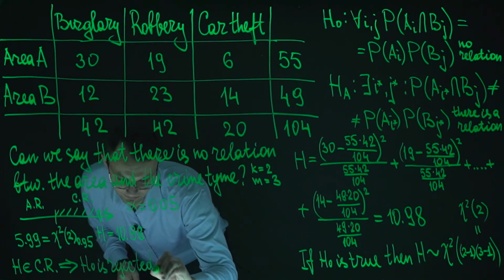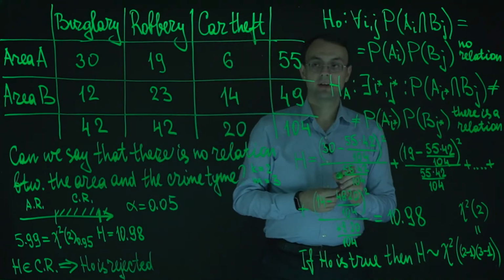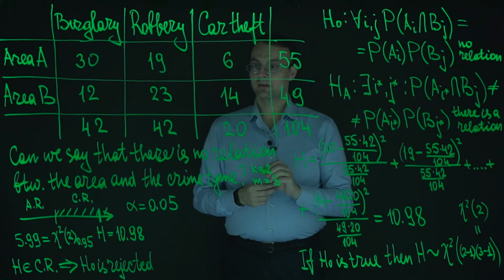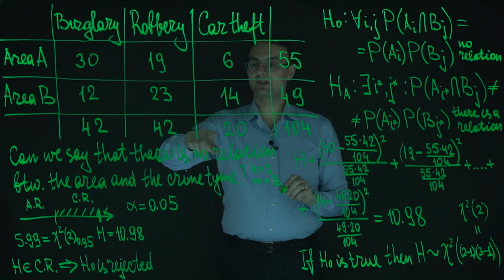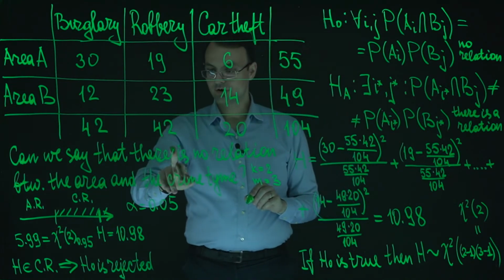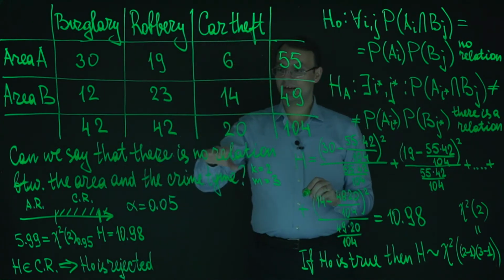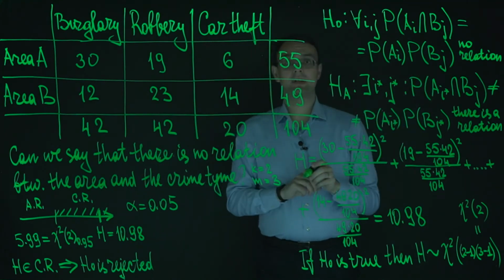So the answer to the question is no. They asked, can we say that there is no relation between the area and the crime type? This was the null hypothesis, that there is no relation.